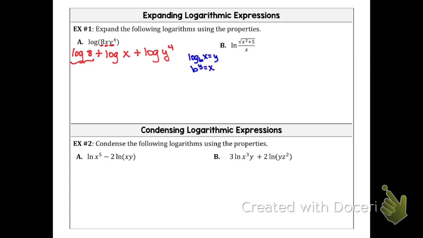So when I have log of 8, that's equal to y, I know my base is 10, my x is 8, and my y is y. So when I do b to the y equals x, is there any way I can solve for y? 10 and 8, I can't get like bases, so I cannot. Since I cannot simplify that to be a whole number, we leave it as log of 8.